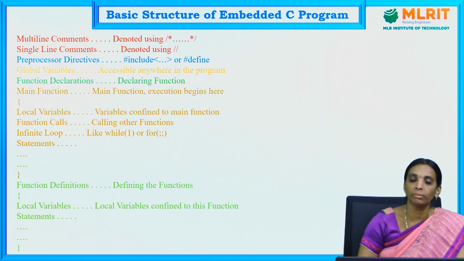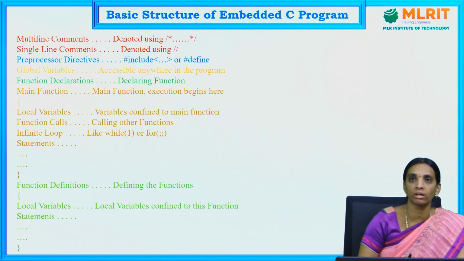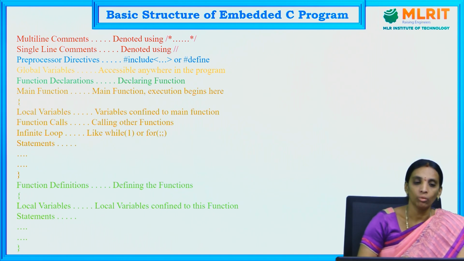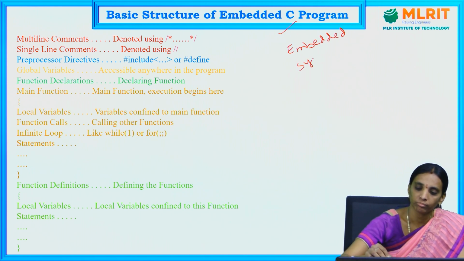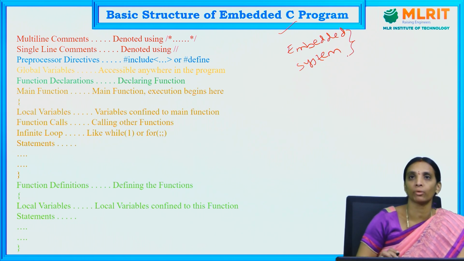And next, what is the basic structure of an embedded C program? We have already discussed what is C language, what is embedded C language and what are the differences between them. Now, for most embedded system applications, we are going to prefer embedded C programming only.